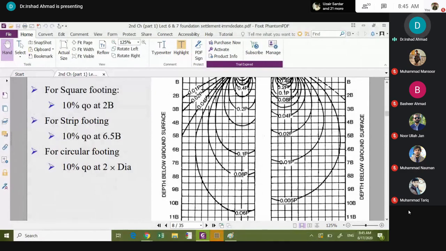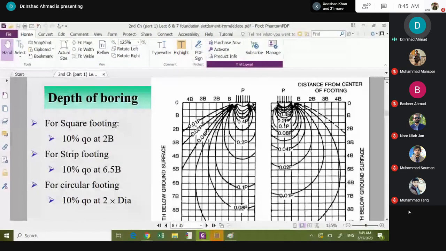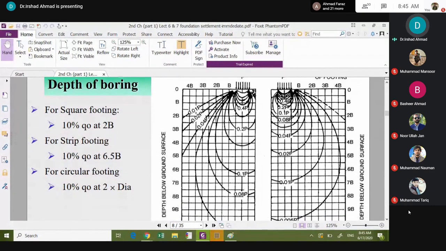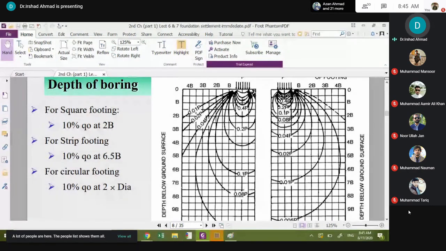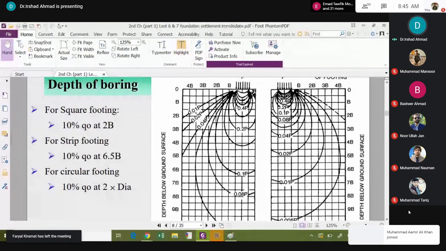But if you have a strip footing, which is a long footing, 10% of Q naught occurs at 6.5 times B. If you have 10 feet of width, you should have information up to 65 feet. So for a strip footing you need a deeper depth, because the 10% pressure bulb penetrates very deep, up to 6.5 times B.